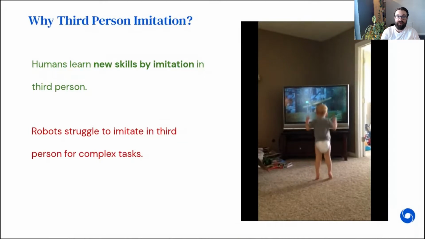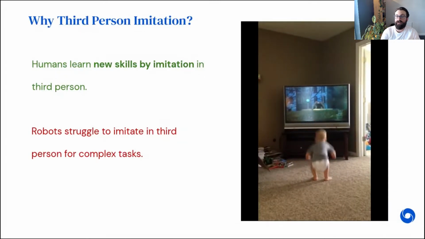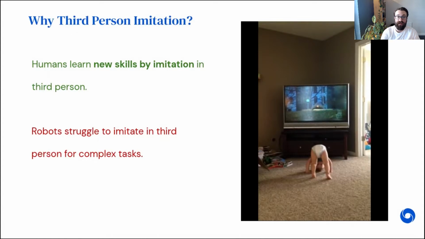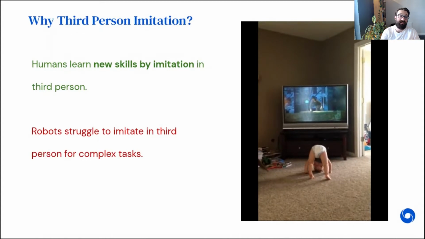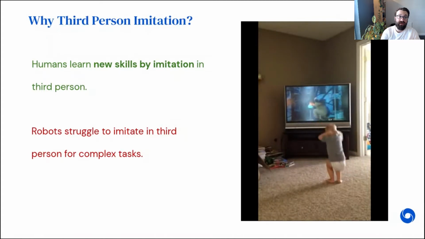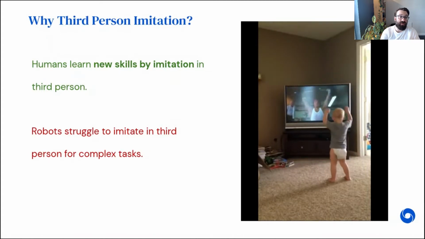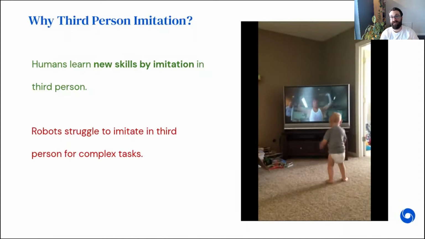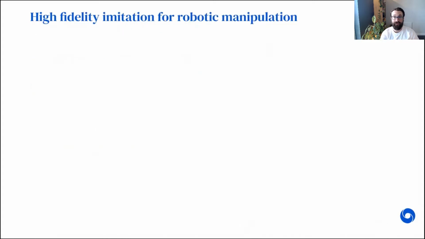So we do want to crack the problem of third person imitation in robotics, as this could enable learning more complex tasks and learning them at a significantly decreased cost. It could make robots more useful by utilizing the abundance of visual data that exists out there.